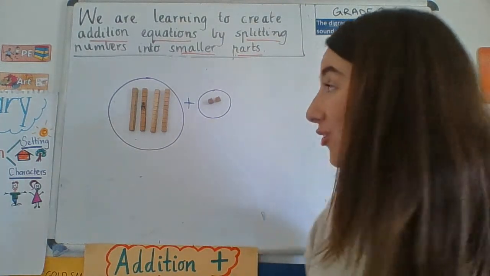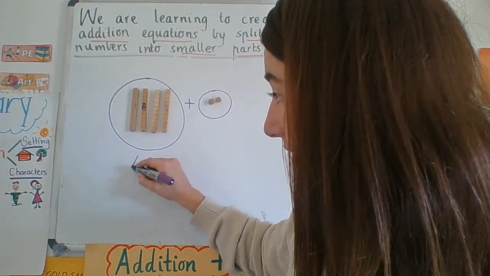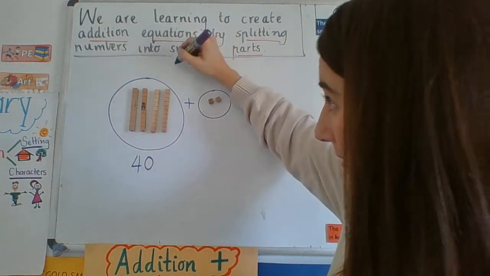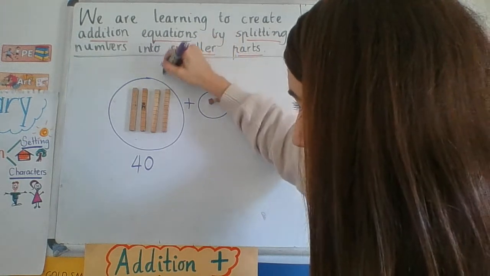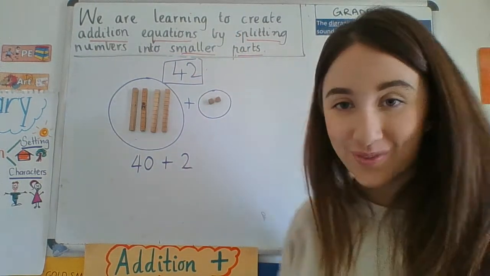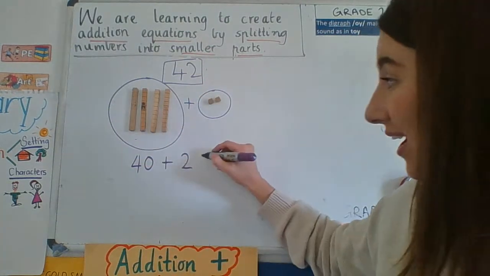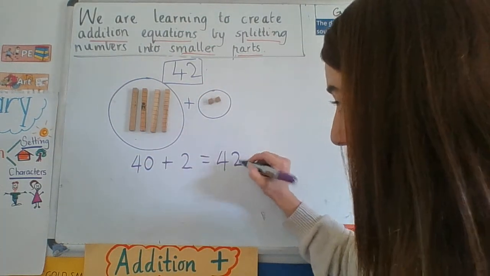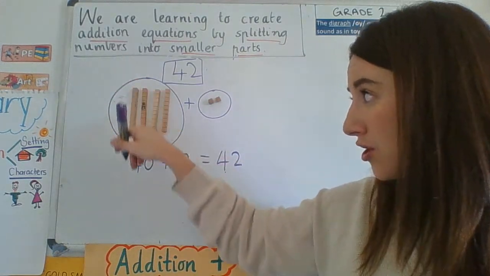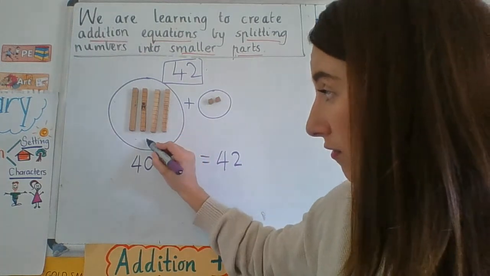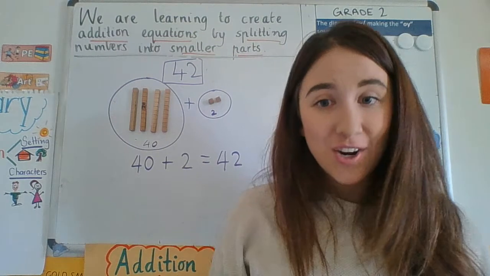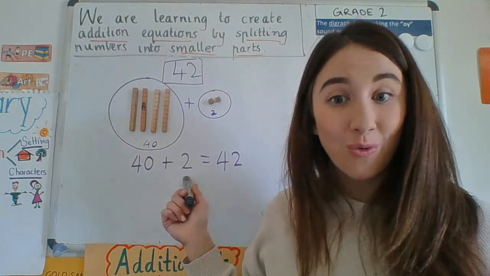So I can show 40 using the numbers, I can show the number 42 using the numbers 40 and 2, okay? 40 and 2 equal 42. Let's double check because we're mathematicians. 10, 20, 30, 40, got 40 and 2. We have just made 42 already with one way.